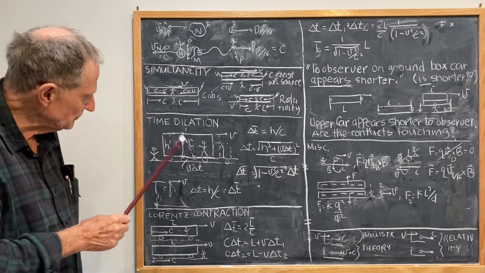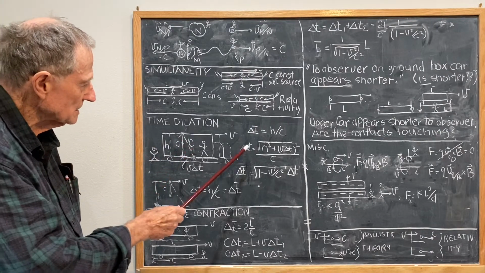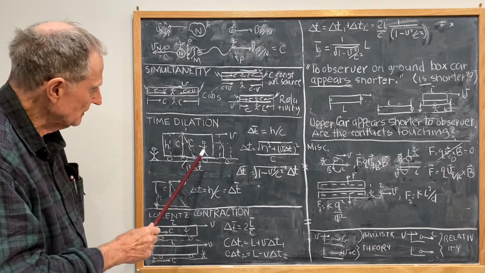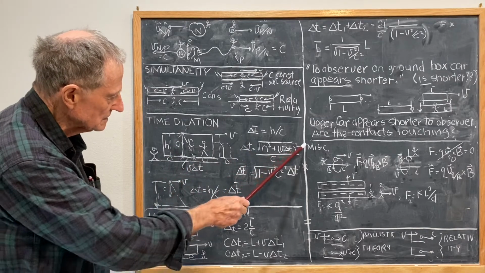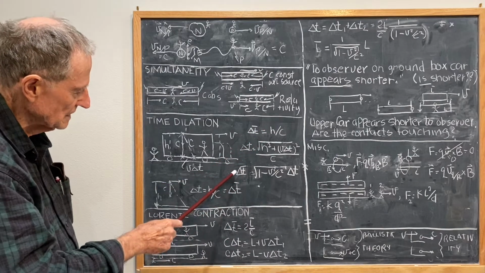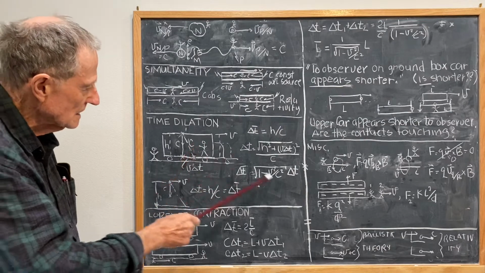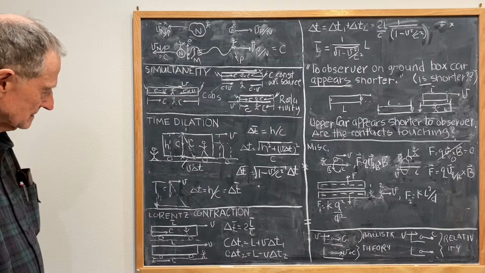It's assumed that the light to the observer on the ground also has speed c, in which case delta t is this distance divided by c, or the square root of h squared plus (v delta t) squared, over c. From these two equations, you get the relation between delta t, the time interval observed by the observer on the ground, and the time interval in the truck.